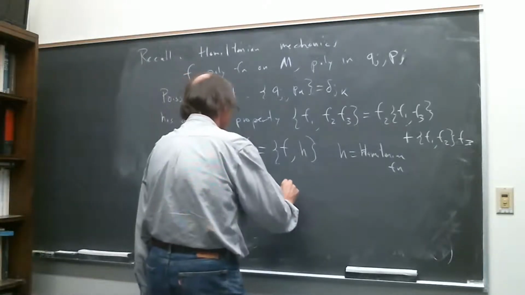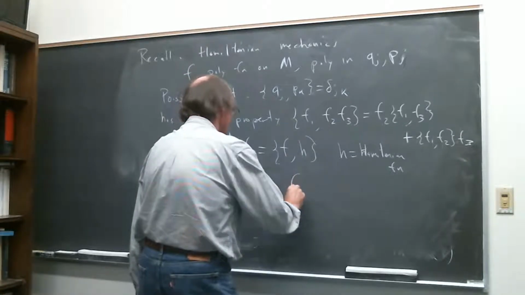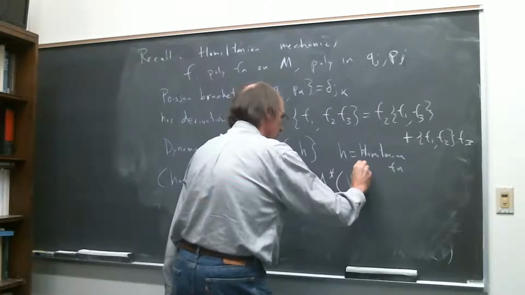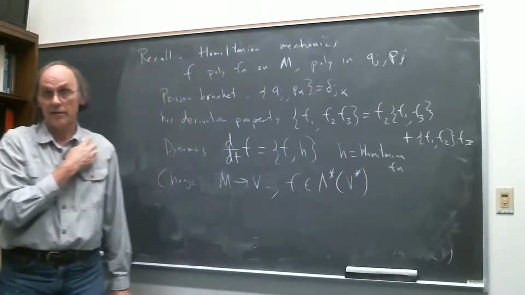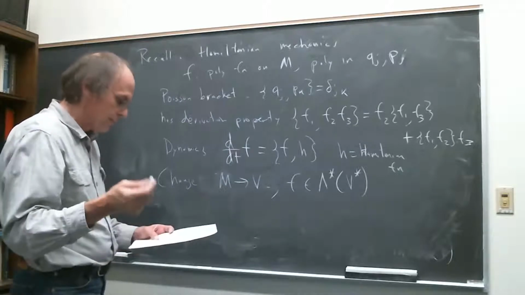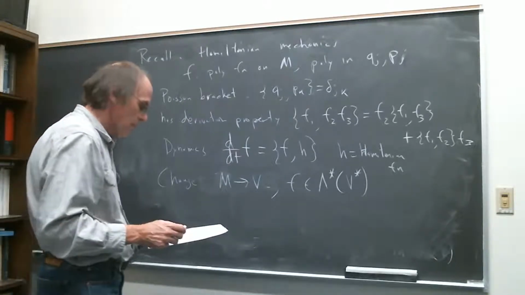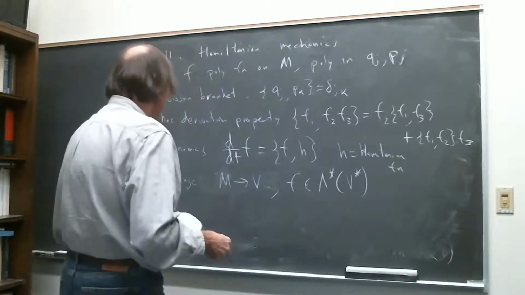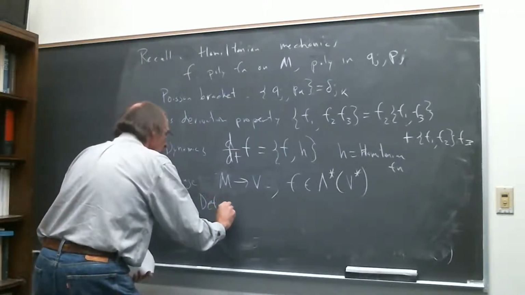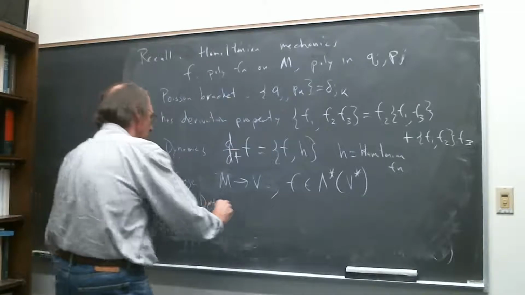So now take F to be one of these fermionic polynomials I've just been talking about, and then define the bracket on generators.